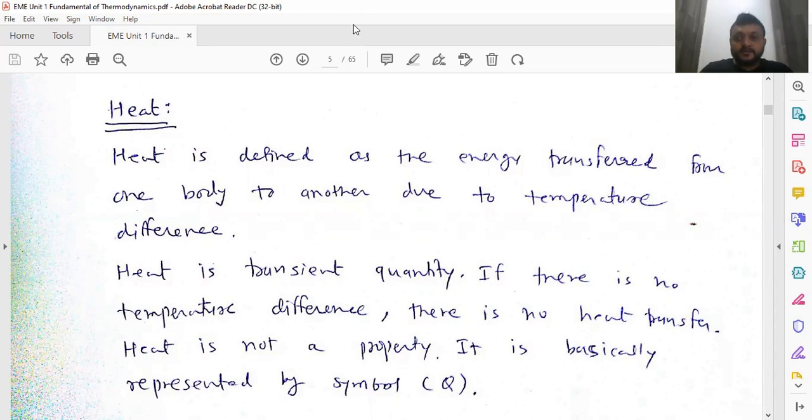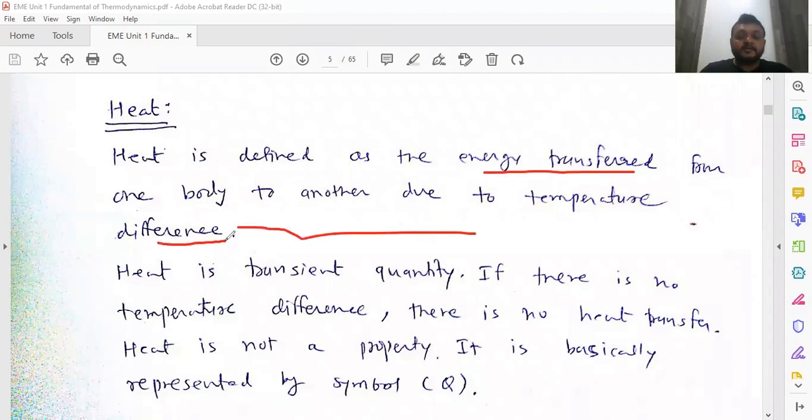So the simple definition of heat is the energy transferred from one body to another body due to temperature difference. Suppose two bodies have a temperature difference, then obviously heat is transferred from one body to the other. If both bodies are at the same temperature, then no heat transfer takes place. So heat is always transferred when there is a temperature difference between two bodies.